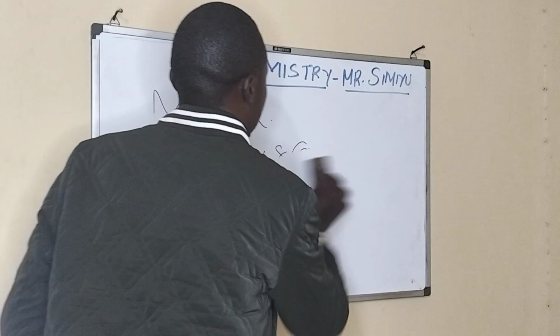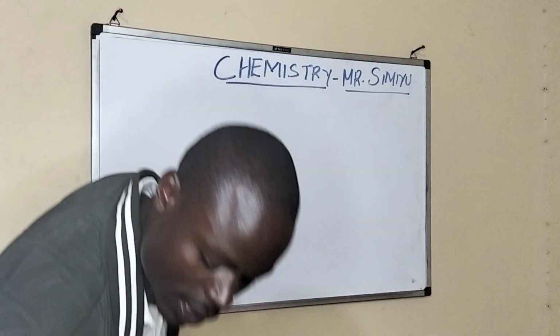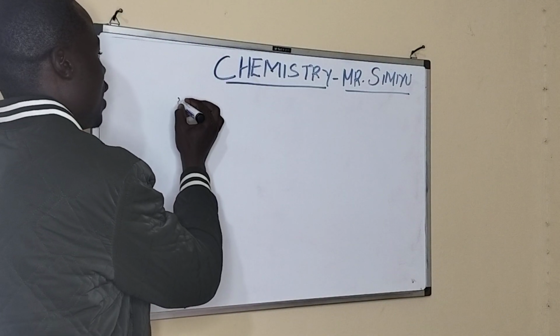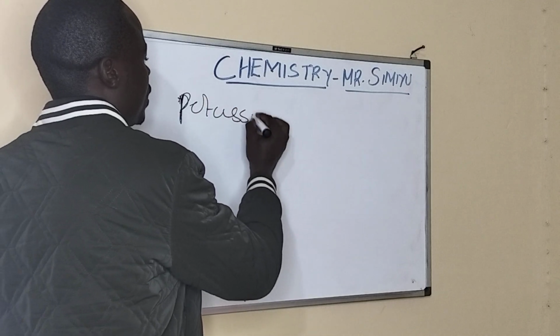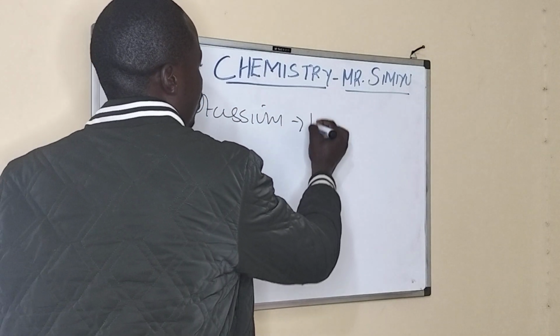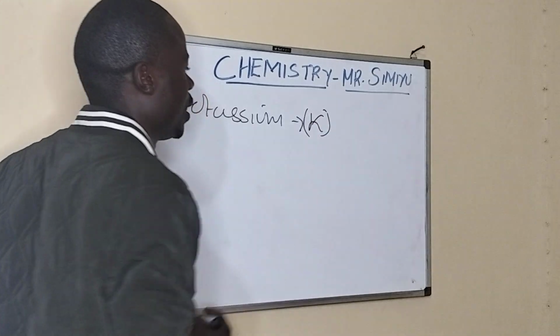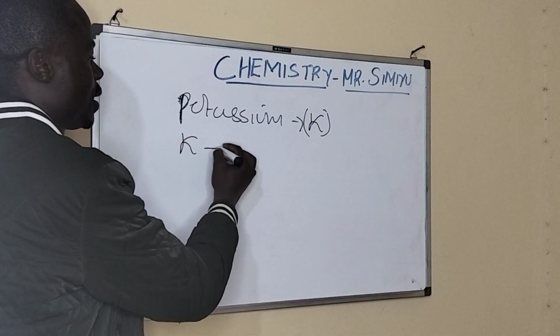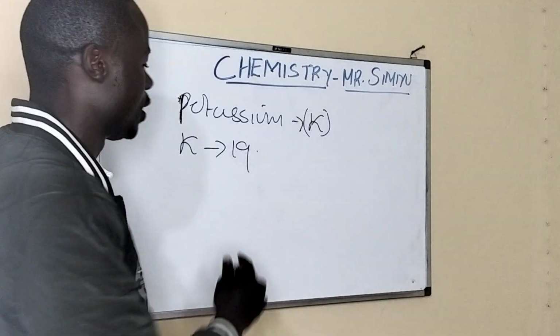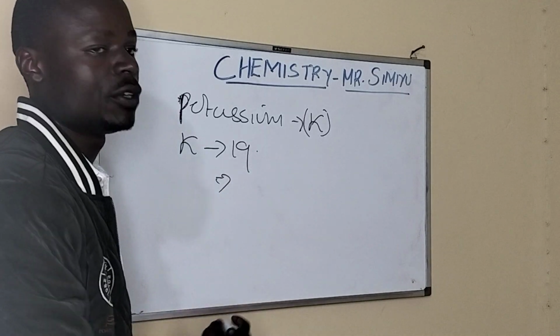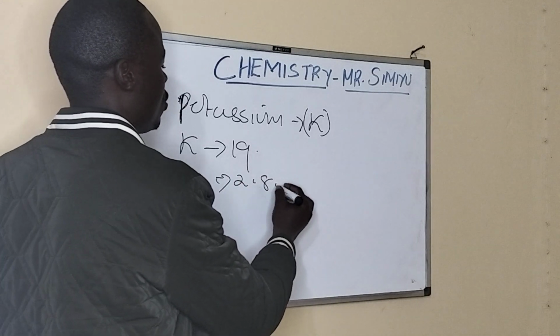Let's try another element. For example, we have potassium. The symbol of potassium is K, that is kalium. Potassium has an atomic number of 19. Let's give out the electron configuration: 2:8:8:1.